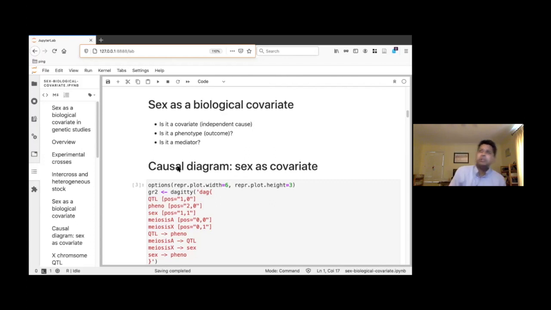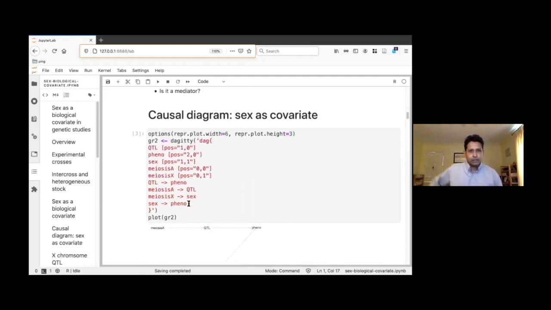Or is it a mediator, basically a vehicle through which a phenotype is being caused? The answer to these questions would depend on the design of the study and the nature of the phenotype you are studying. So let's think about this a little bit more.